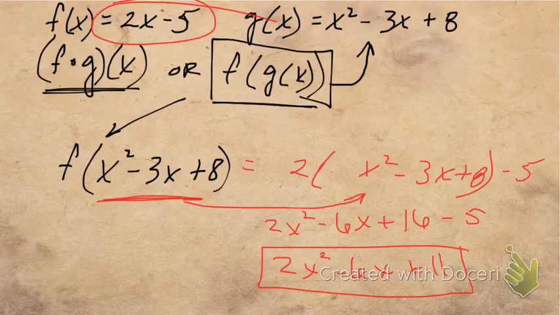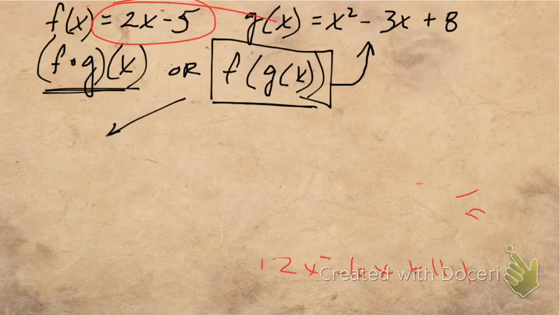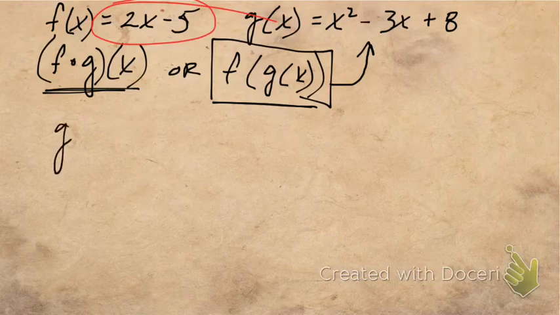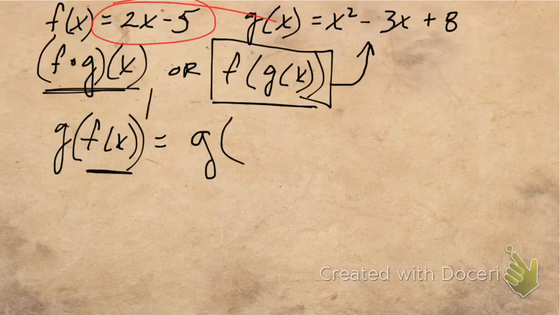If we were to switch those around, and instead of doing f of g of x, we were to do g of f of x, it would be very similar in how it's done. So we would have g of, what would go in these parentheses? 2x minus 5.